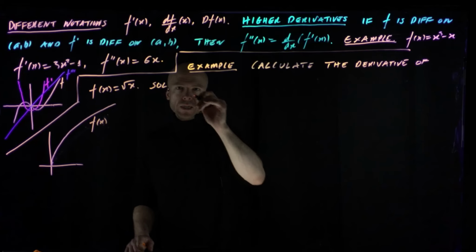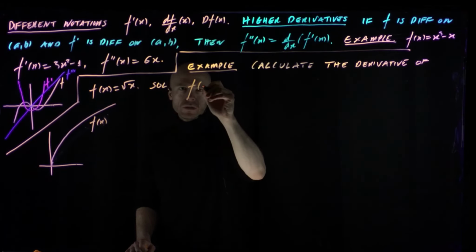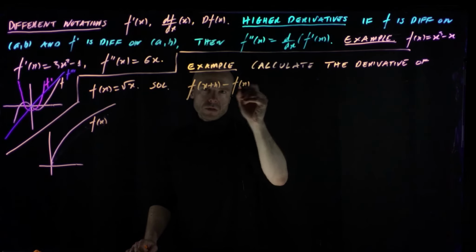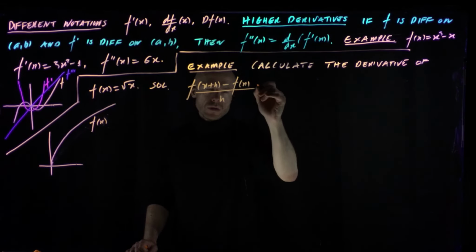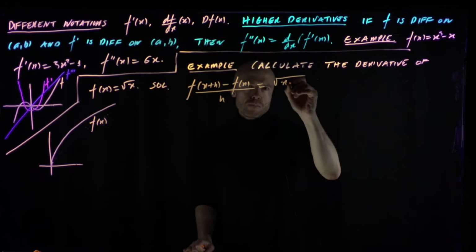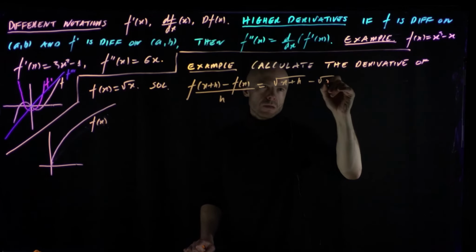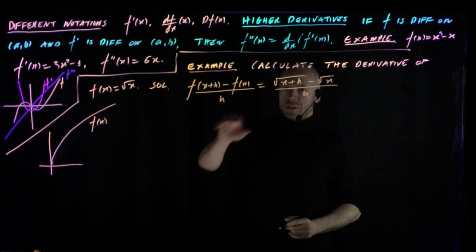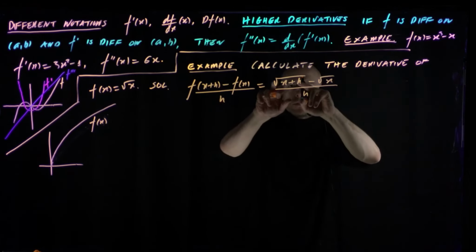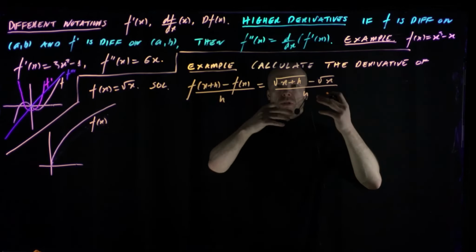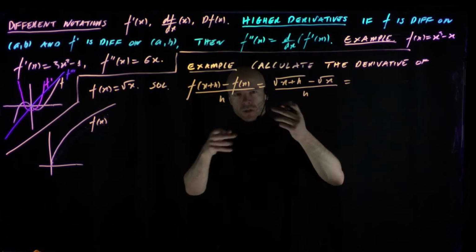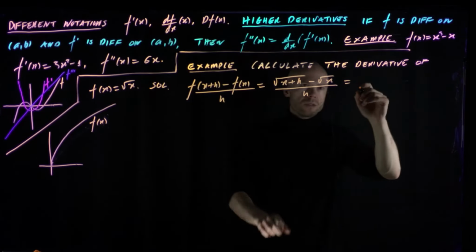So let's just do it. Let's look at this quotient. When we see something like this, with a difference of two square roots, at this point you should be thinking of the conjugate trick: use the difference of two squares to kill the square roots.